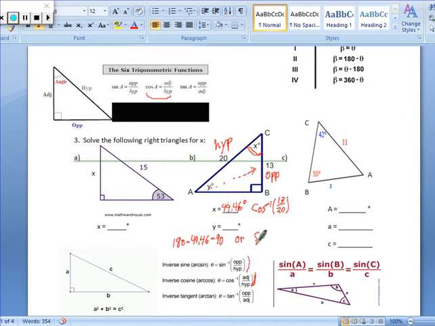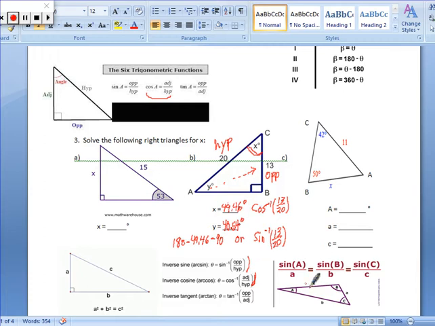So this could be inverse sine of 13 over 20. Either way you go, you should get 40.54 degrees. Okay?